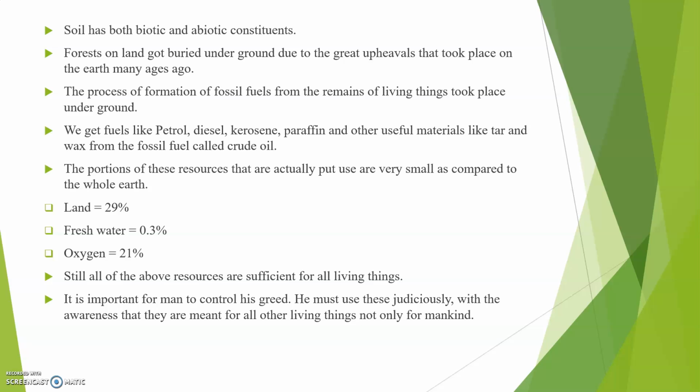Because of natural calamities, like volcano eruptions, floods or earthquakes, what happens to the living organisms on the surface of the earth? The forests get buried under the ground, and after many ages, many years, the fossil fuels are formed.